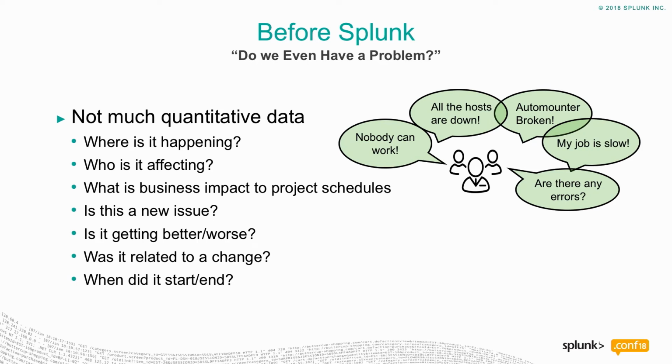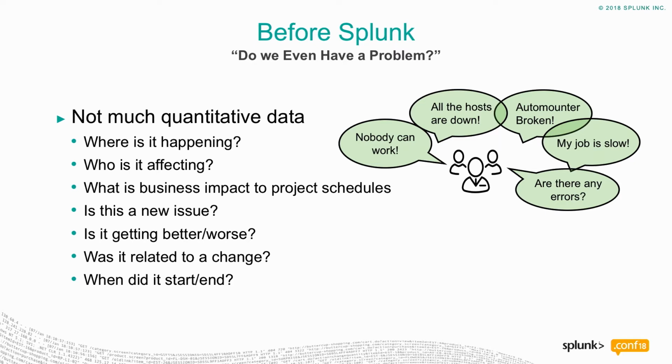So before Splunk, users may submit a ticket, hey, my job is slow, or everything is broken, or nothing's working. And then the managers start getting questions. Well, who did it impact? When did it start? When are you going to fix it? What's going on? Does anybody sound similar to your environment? Okay, great. So I see a few nods.